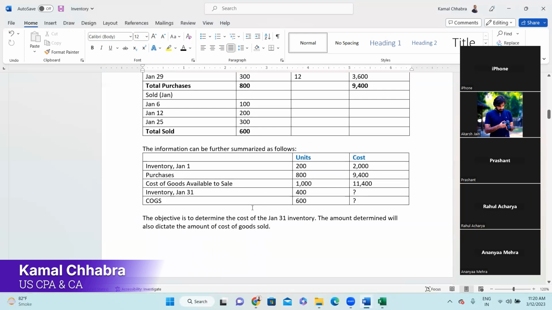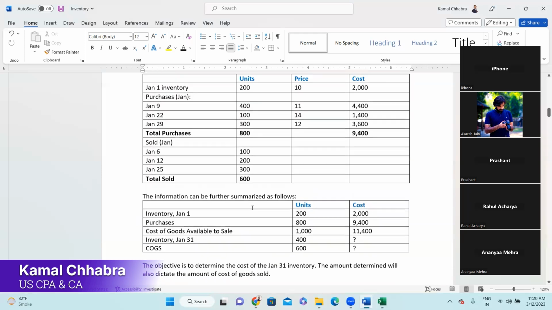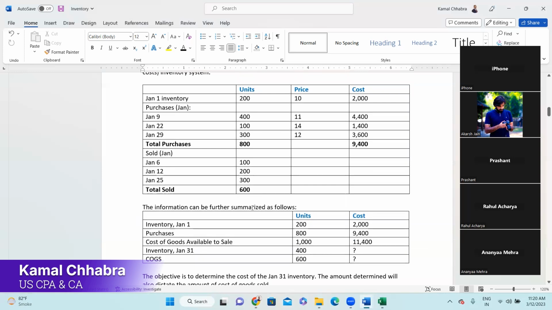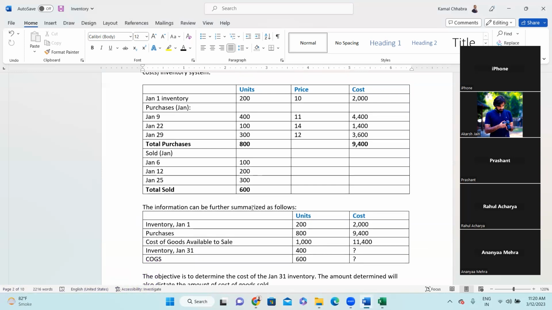Let's do the LIFO method. So inventory will be 4200.